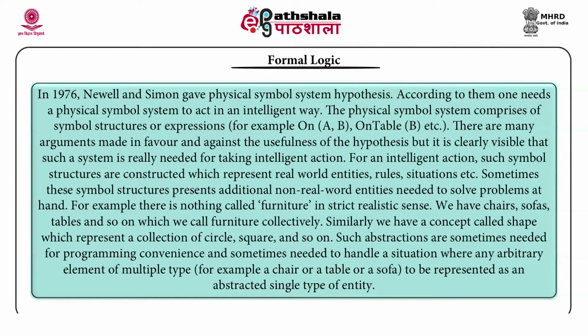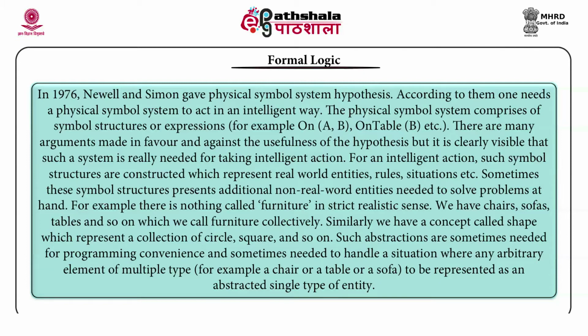Whenever we would like to define a problem, like on A B and on table B, or earlier when we discussed missionary cannibal, we had M1 C1, M2 C2. Those things are called symbols, and the structure that we construct out of it is called a symbol structure.